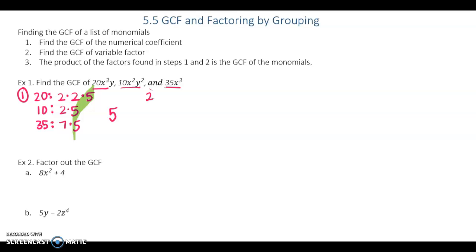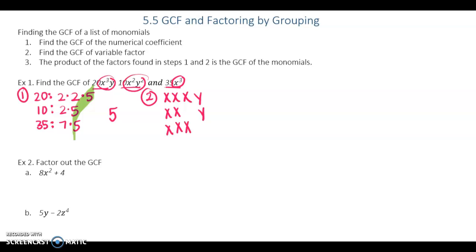Then we're going to move on to the variables. So the first one here is x to the third y. So we're going to write this out as 3 x's and 1 y. And then you have x squared and y squared. So we're going to write it out as 2 x's, and then the y over here. And lastly, we just have an x to the third, so 3 x's.